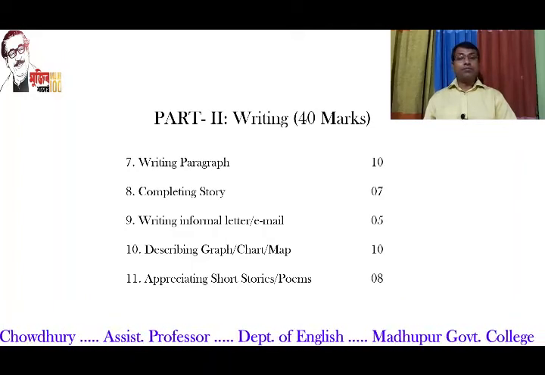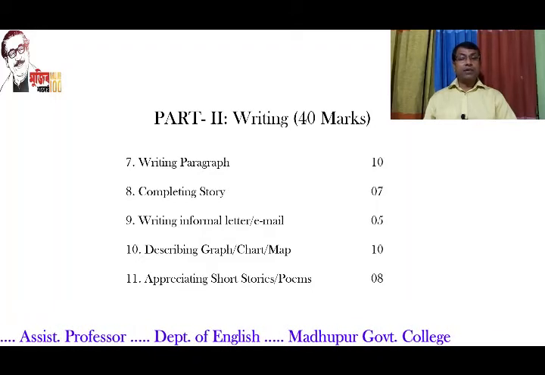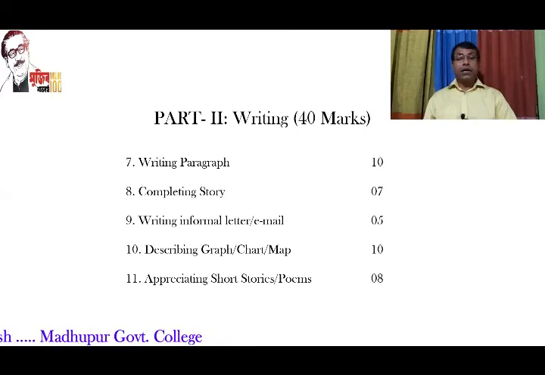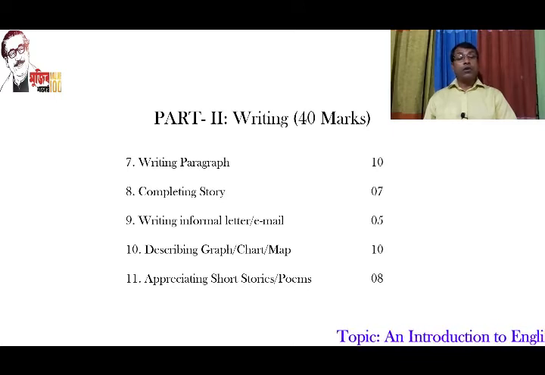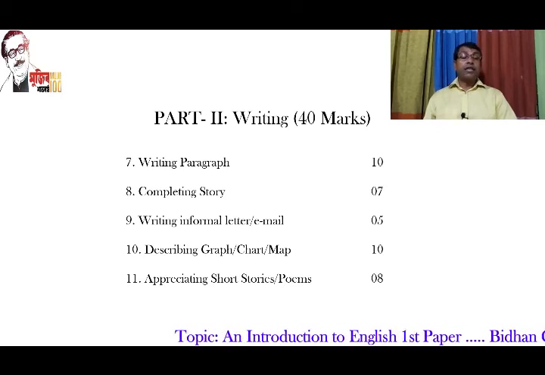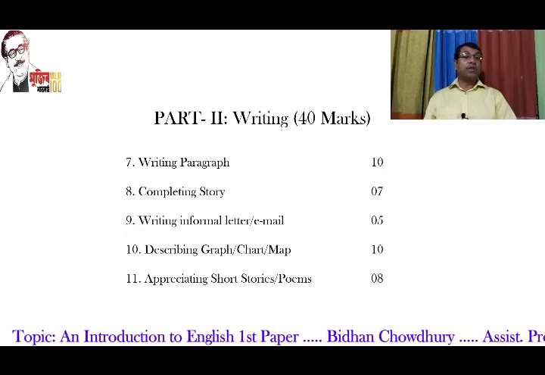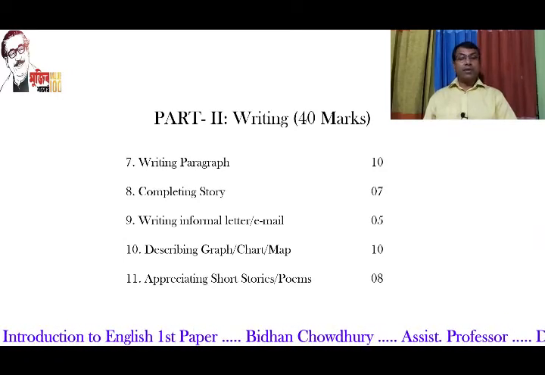You will have writing paragraph containing 10 marks, completing story 7 marks, writing informal letter or email having 5 marks, describing graph, chart or map 10 marks, and last of all, appreciating short stories or poems 8 marks.